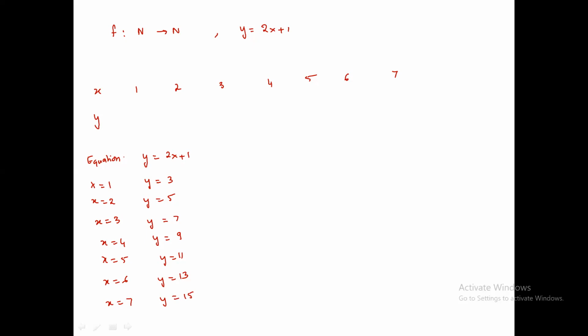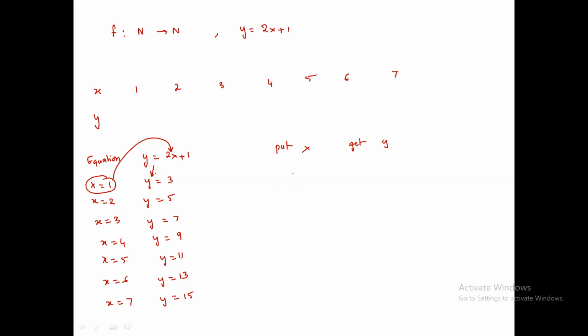So in all the cases, what is happening? X is very, very important, because only if you put x in the equation, then only you will get y. If you don't know what is x, you don't know what is y. So put x, get y.